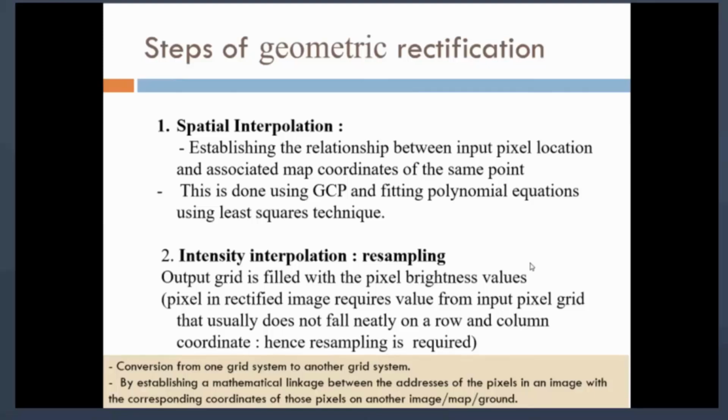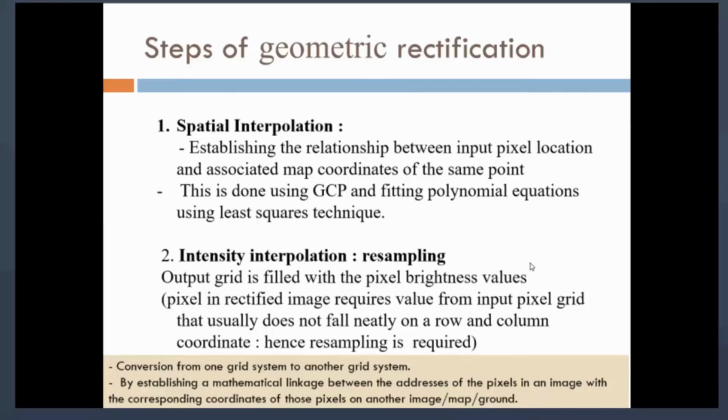These could be two road crossings, or the crossing of a road and a canal, or the corners of some buildings if the data is at a very high resolution, or the corners of some villages, or orchards, or wherever you have corners or such points which are not going to change much with time. You can choose all those points as your GCPs.